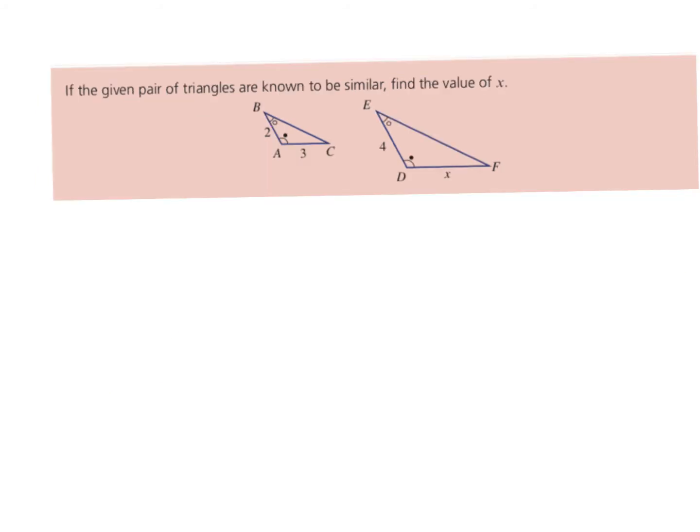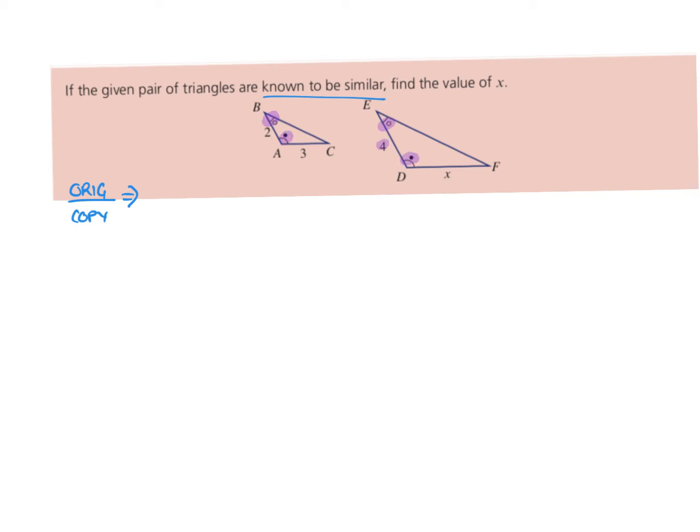So it says, if the given pairs of triangles are known to be similar, so we know that they're similar, find the value of x. If you know they're similar, you know how before when we did the fraction, we said if we use the original over the copy, we ended up with the same number, didn't we? So we can do that here. See how we can see this angle and that angle?